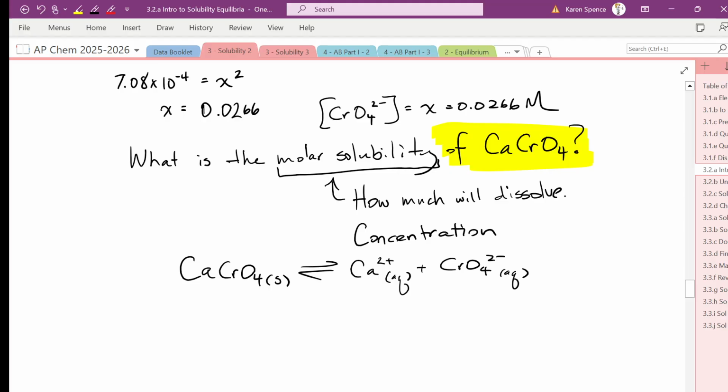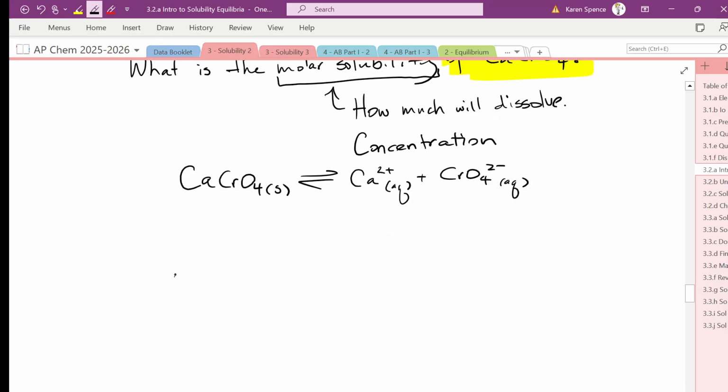We don't need that. We're not diluting anything. M1V1, M2V2 is for when there is a dilution. We have not diluted anything. We took some water, we dumped some solid in it. Would you multiply by 2? Well, let's think about it. Let's start with HCl.